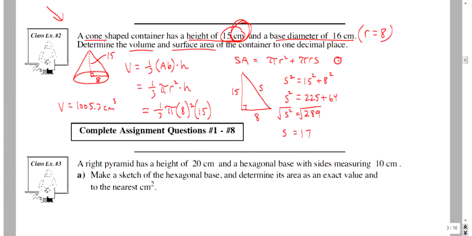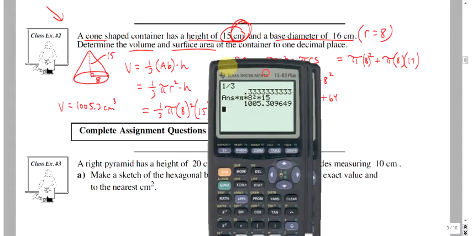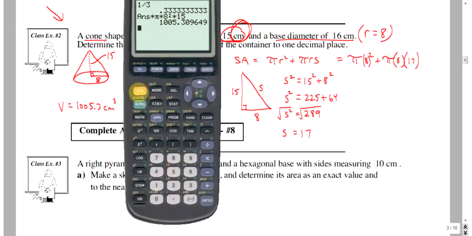Now, surface area, pi 8 squared plus pi 8, sorry I didn't use brackets, I'm getting lazy, times 17. If you got a good calculator, all you have to do is plug it in. If you got a dollar store special, then you're going to have to do it in 2 steps.